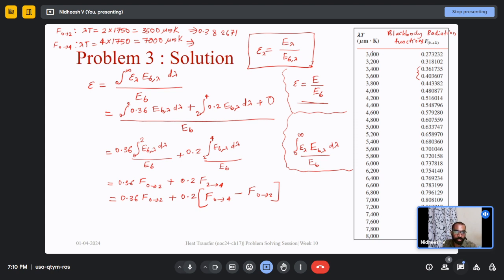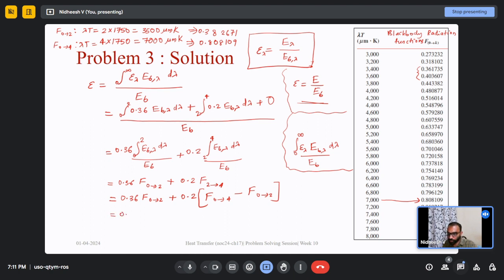Okay, now we need to find out the blackbody radiation function corresponding to 7000 micrometers Kelvin, that is this value. So F value is 0.808109. So we can finally substitute, we got all the values that we need.